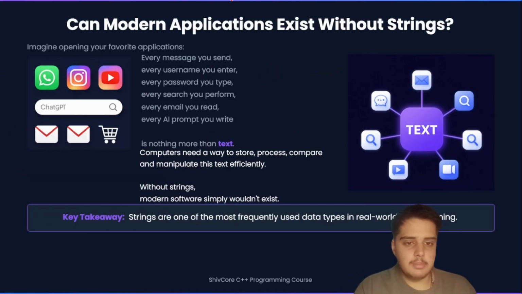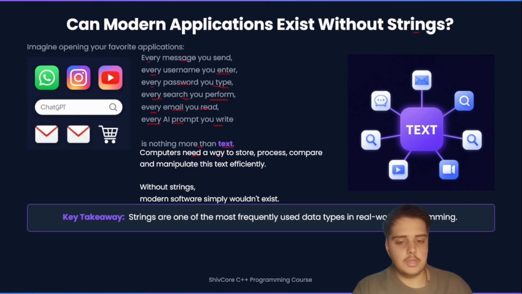Can modern applications exist without strings? Imagine opening your favorite application. Every message you send, every username you enter, every password you type, every search you perform, every email you read, and every AI prompt you write is nothing more than text.